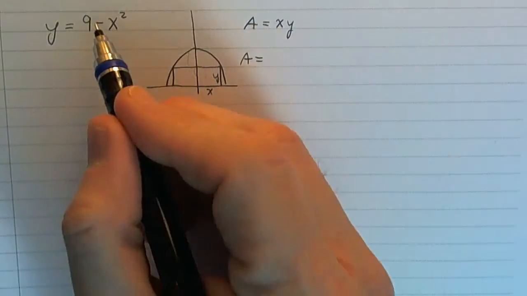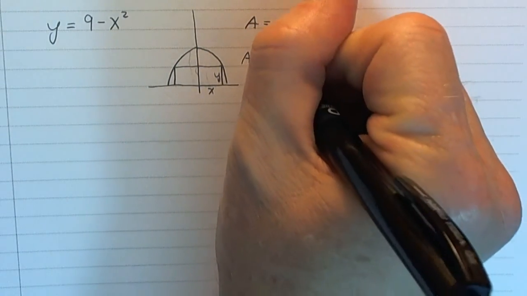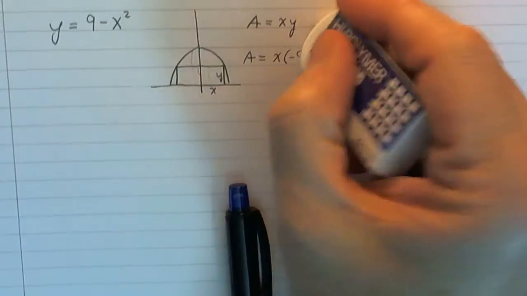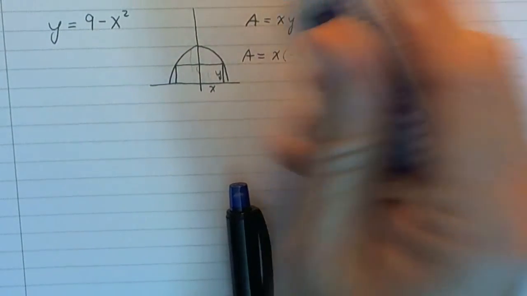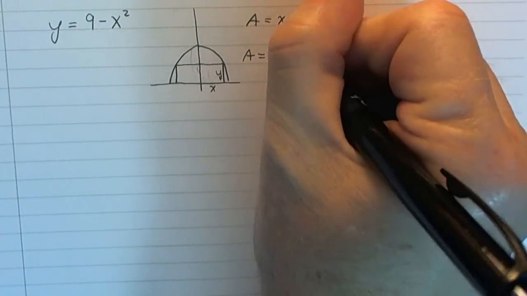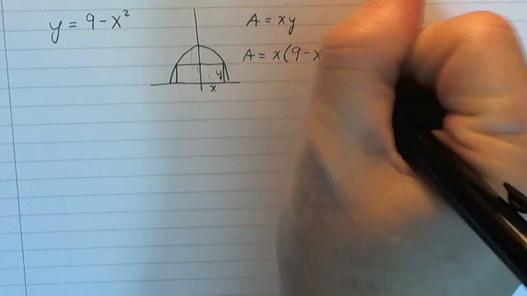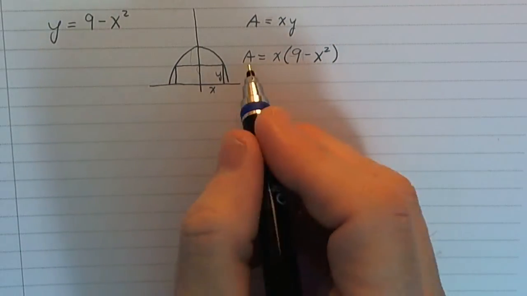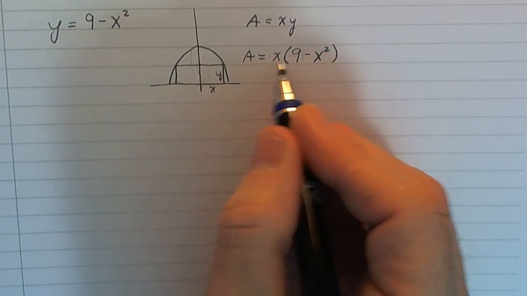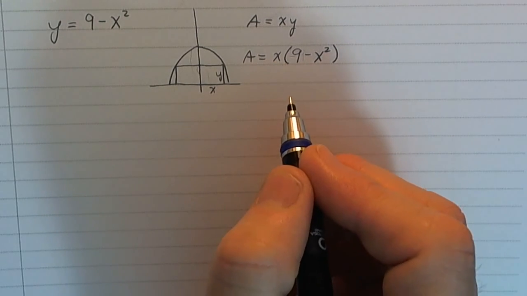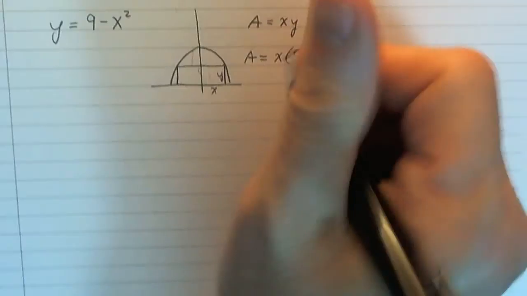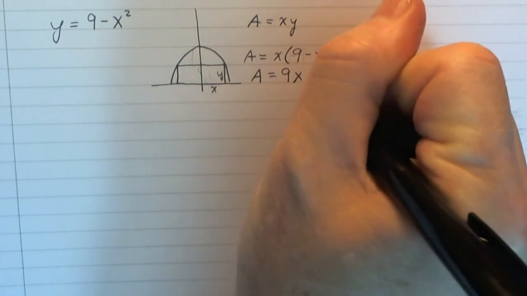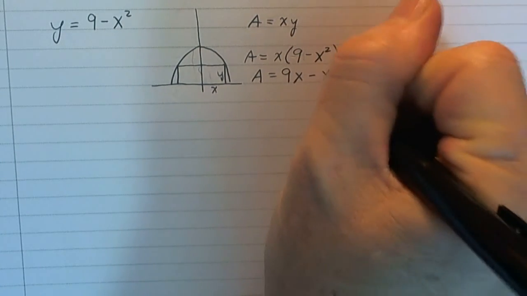Well, y is equal to 9 minus x squared, so this is x times 9 minus x squared. That's the area. This is what we want to differentiate. This is our objective function right here. So here's what we've got: area equals 9x minus x cubed.